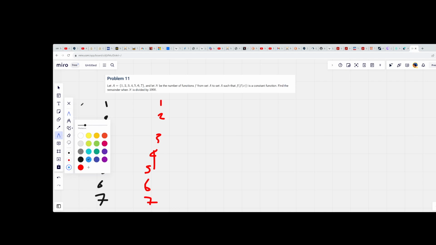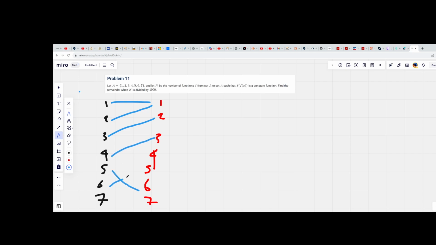So maybe 1 goes to 1, 2 goes to 1, 3 goes to 2, 4 goes to 3, 5 goes to 6, 6 goes to 5, and 7 goes to 7. Maybe that's our function. But basically, what a function from set A to A is doing is giving you a rule for how these connections are made. Okay, so now let's look at what the actual problem is telling us that f does.